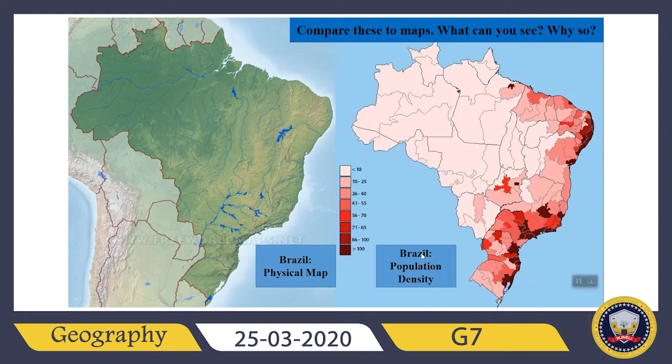Indeed, the parts closer to the Atlantic Ocean, these parts, right? So these parts are populated while the rest of the country has less than 10 people per square mile. That is interesting, isn't it? How do you think? Why?